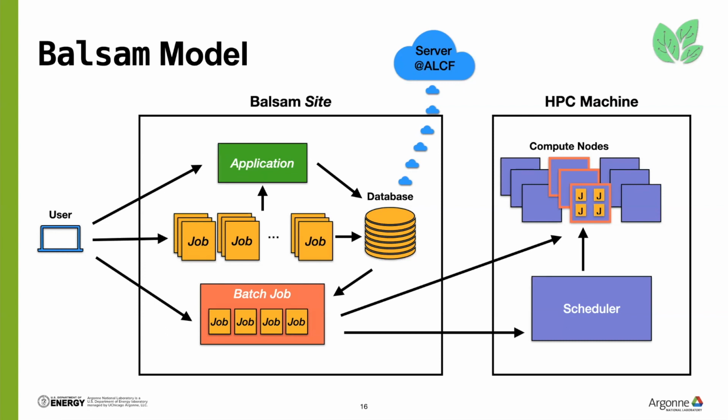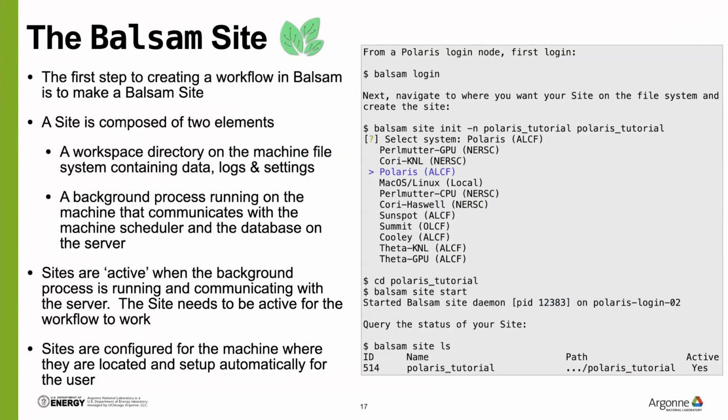So I've alluded to the Balsam site. What is that and how do you set that up? The first step to creating a workflow in Balsam is to make the Balsam site. The site is composed of two elements. It's a workspace directory on the machine file system that contains data, logs, and settings.